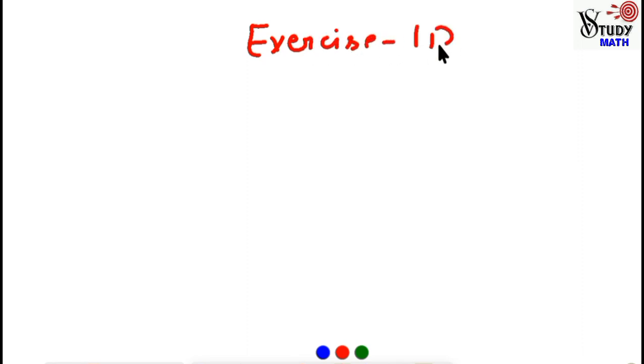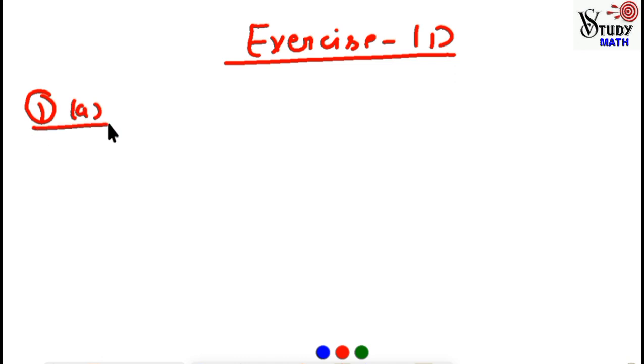Now let us come to solving all the questions of exercise 1D. Let us start solving exercise 1D from S. Chand book, class 8 mathematics. Our first question is that we have to find one rational number. First, part A. Here A is given as 1 by 5 and B is given as 1 by 4.